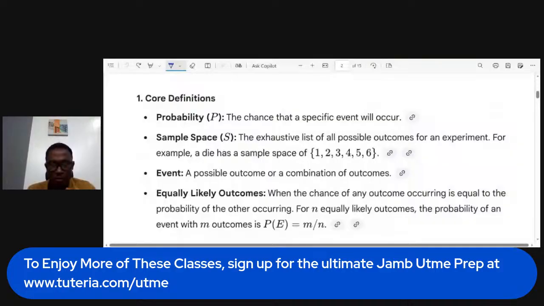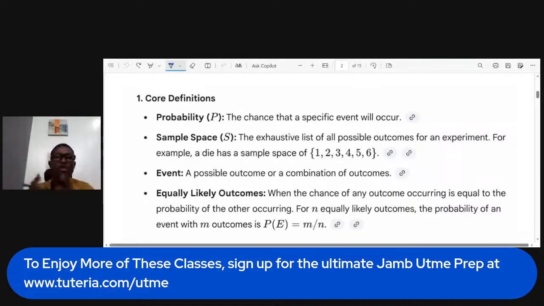Now, the question says, what is the probability of obtaining an even number when you throw the die up? What are the even numbers there? Even numbers in 1, 2, 3, 4, 5, 6 are 2, 4, and 6. So that makes it 3 even numbers.